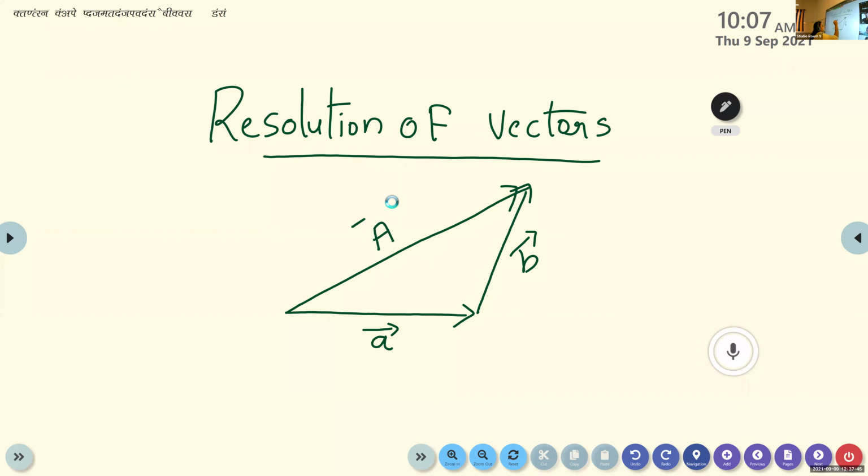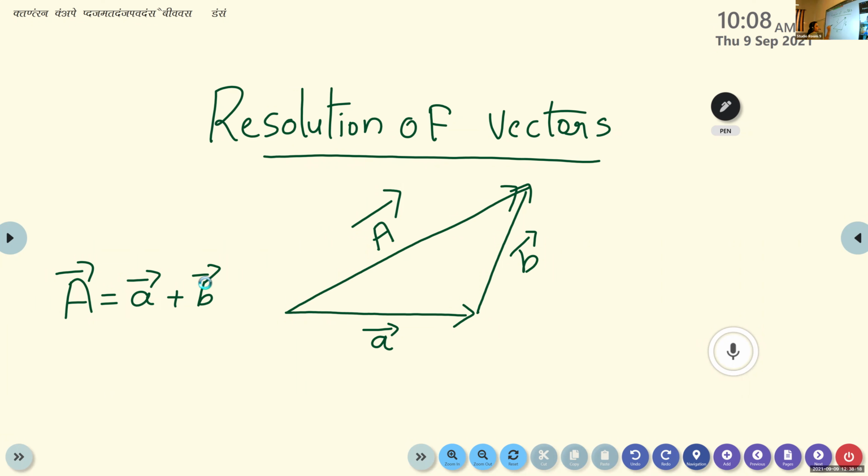And here this capital A represents the third side, or the resultant vector, of these components, vector A and vector B. So here we have a main vector or a large vector, vector A, and we can say that this vector A is the sum of small vector a and vector B. So vector A is the sum of vector a plus vector b.